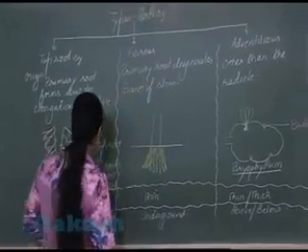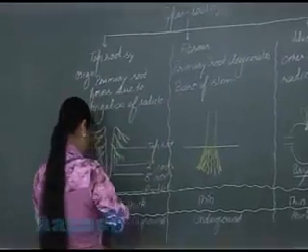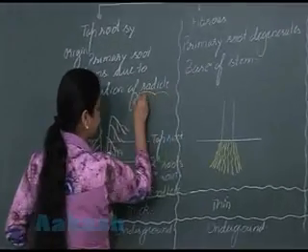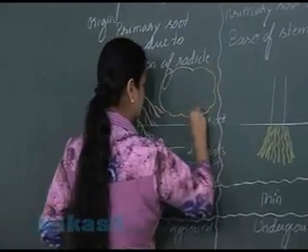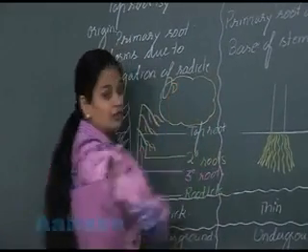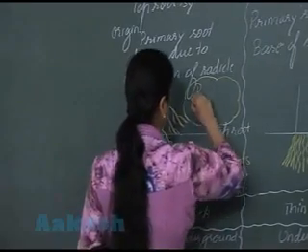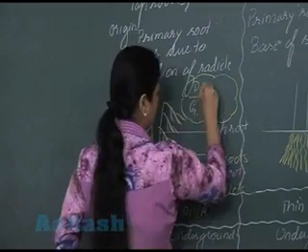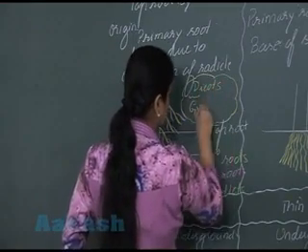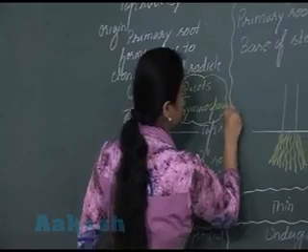Now the taproot system, this is present in dicots. So you please write this. They are present in dicots. Along with the dicots, they are also present in gymnosperms. Dicots and gymnosperms.